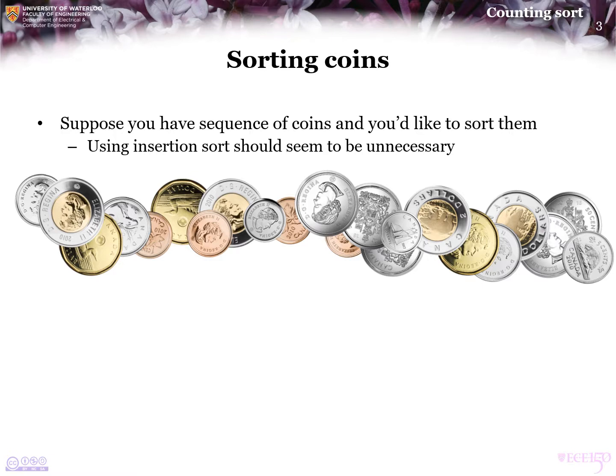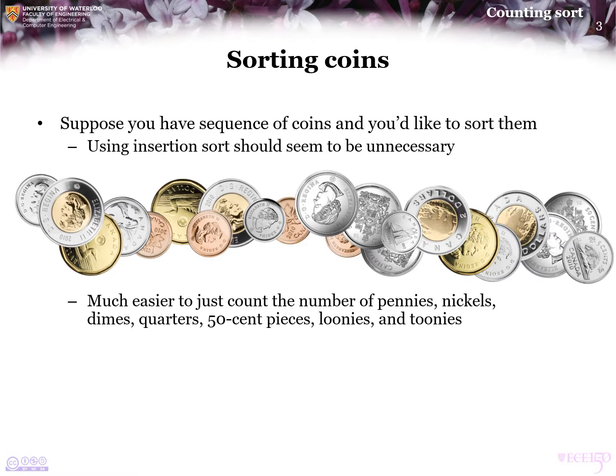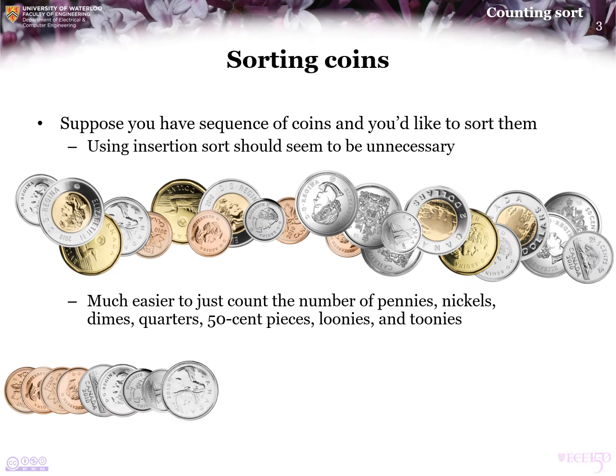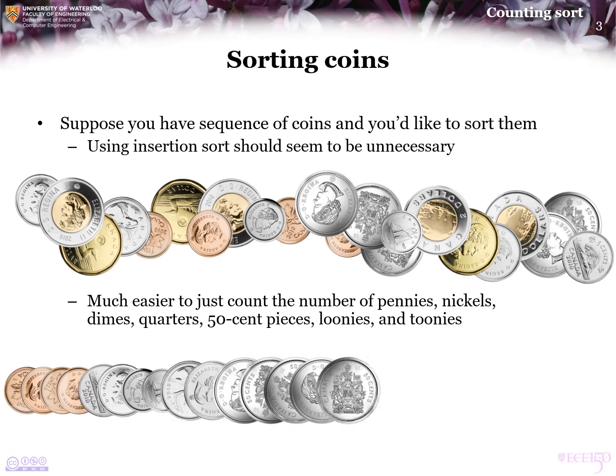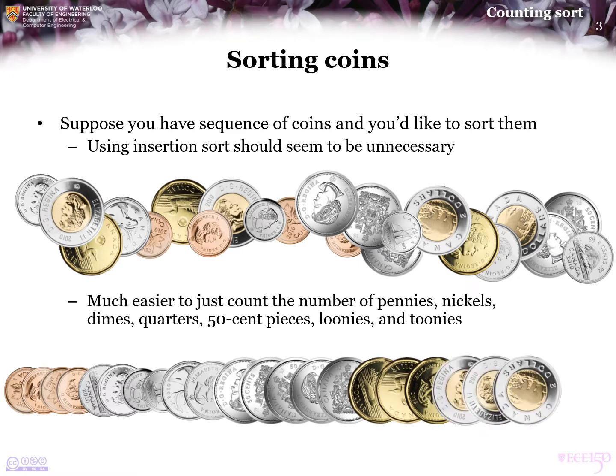So wouldn't it be easier just to count how many pennies there are, nickels, dimes, quarters, 50-cent pieces, loonies, and then toonies? After all, just looking at these, I see 4 pennies, and there's 2 nickels, 2 dimes, 2 quarters, 5 50-cent pieces, 3 loonies, and 4 toonies.